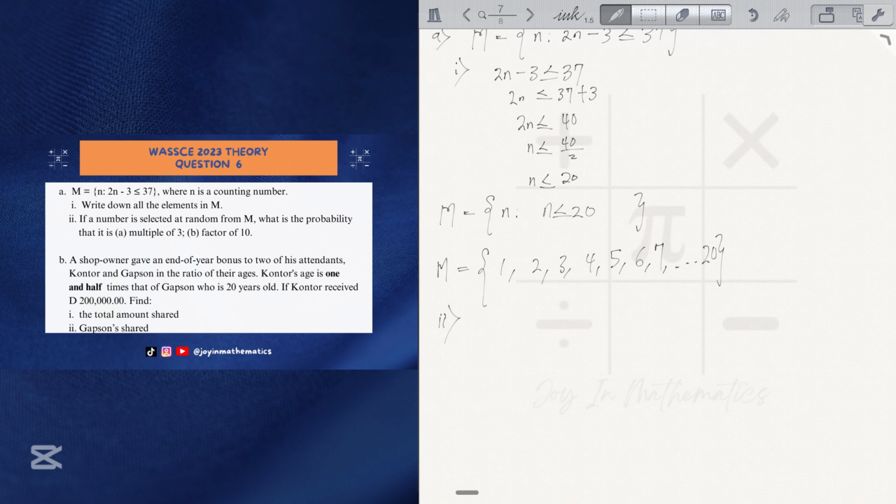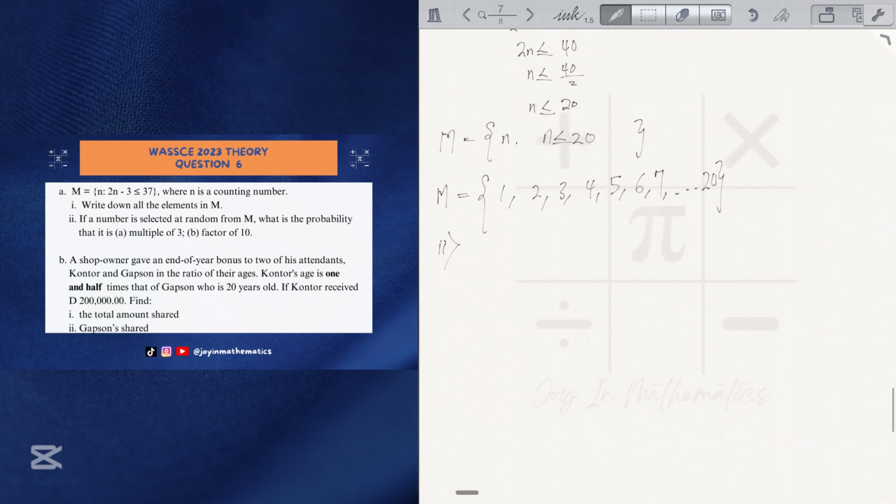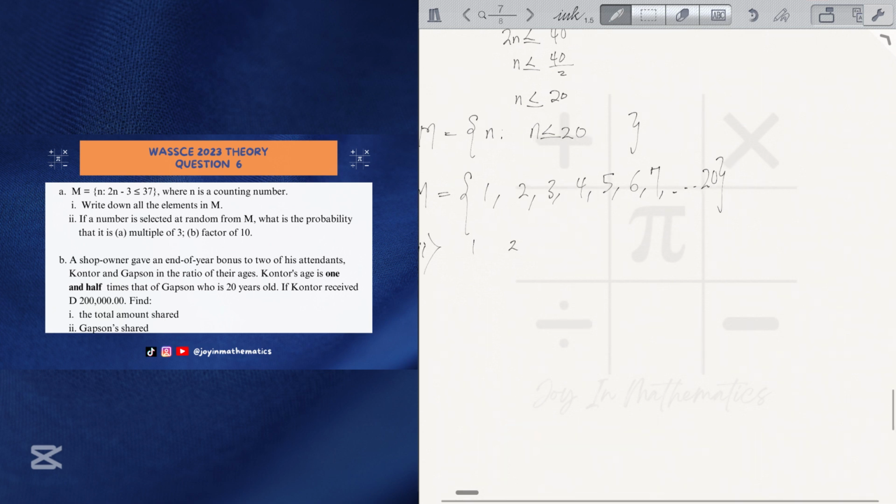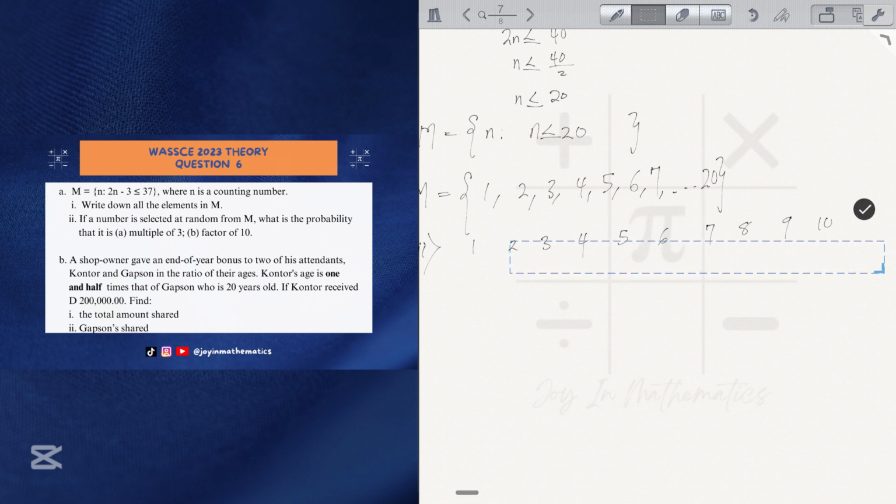Now the next question says, if a number is selected at random from M, what is the probability that it will be A, a multiple of 3, and B, a factor of 10? In this case, we have to write out everything in M. So we have 1, 2, 3, 4, 5, 6, 7, 8, 9, and 10, and we have this also down to 20.